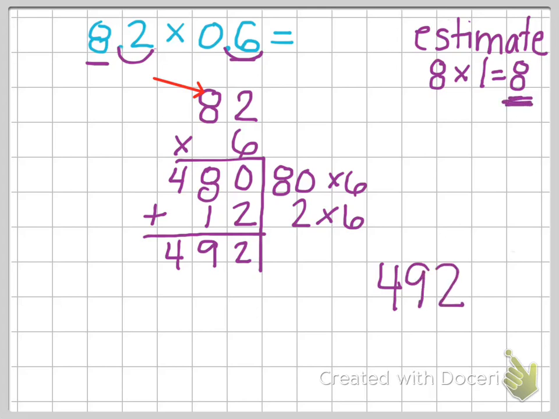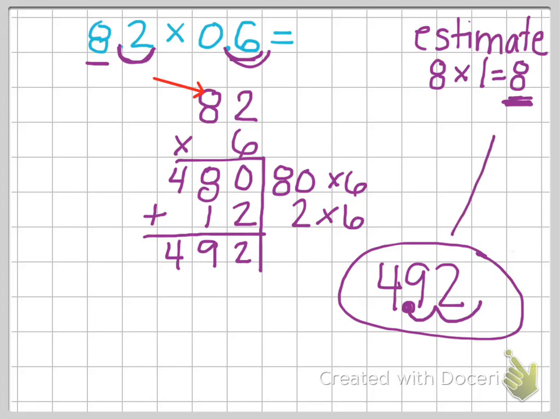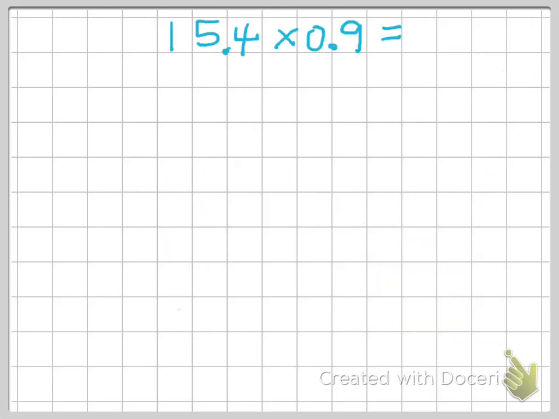Now, remember our estimate. We took our decimal point out 1, 2. So let's put it in 1, 2. Drop it right there. Our final answer is 4 and 92 hundredths, which is in the ones place and very close to our estimate.